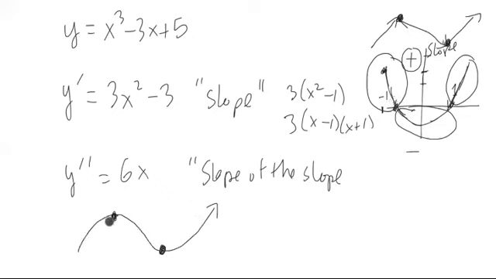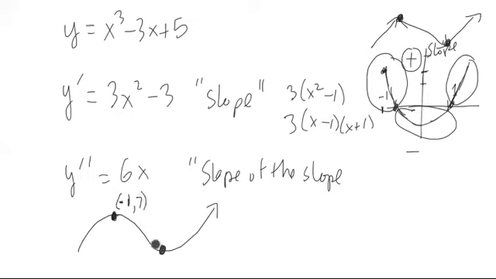All right, so what point is this? Well, we know the x value here is -1, but this is a point on the original function, right? So we can get what that point is on the original function by just plugging in that x value. So we plug in -1 here, and we get -1 plus 3 plus 5, we get 7.